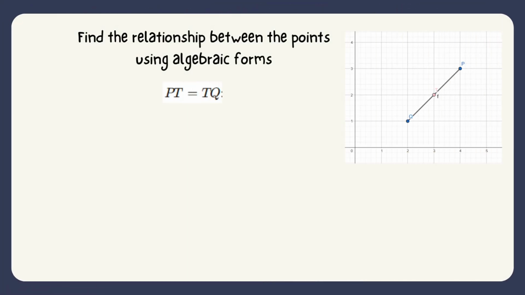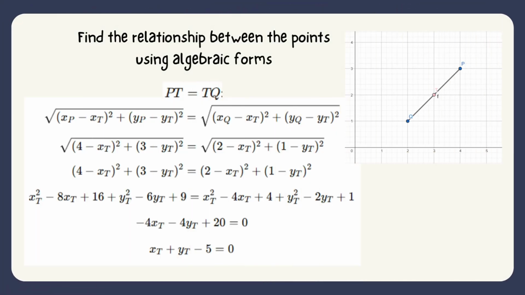PT equal to the root of (xp minus xt) squared plus (yp minus yt) squared, equal to KT, which is the root of (xk minus xt) squared plus (yk minus yt) squared.